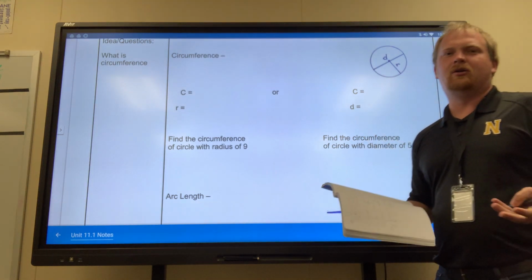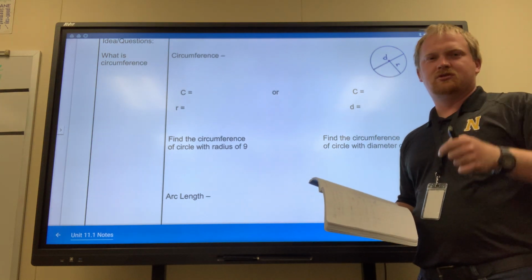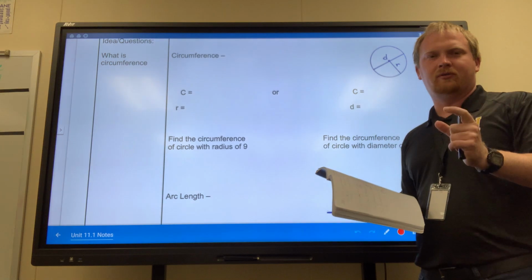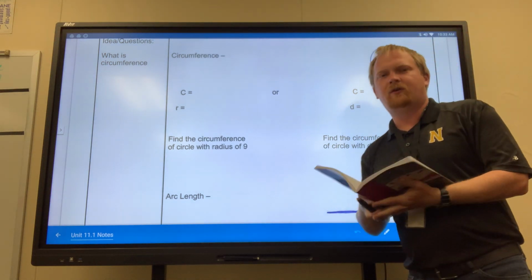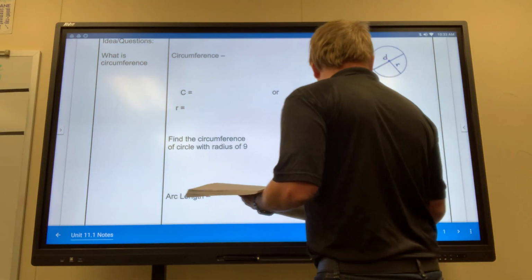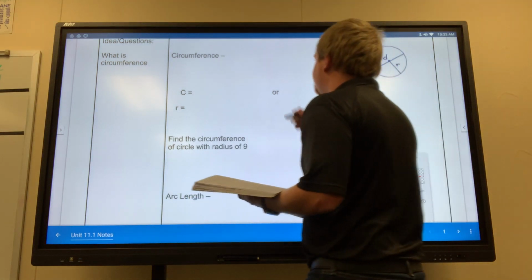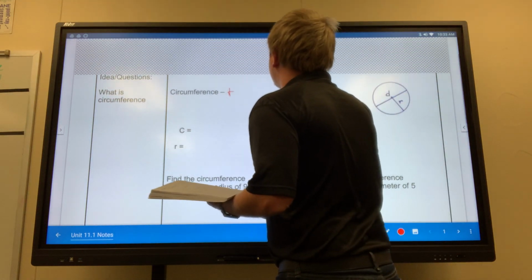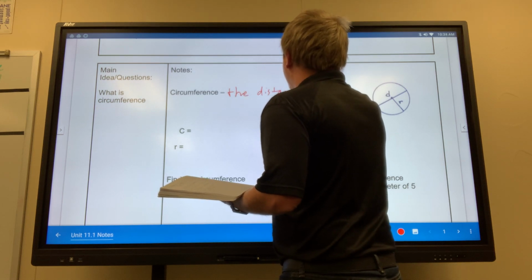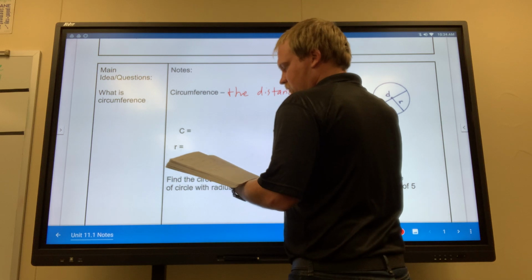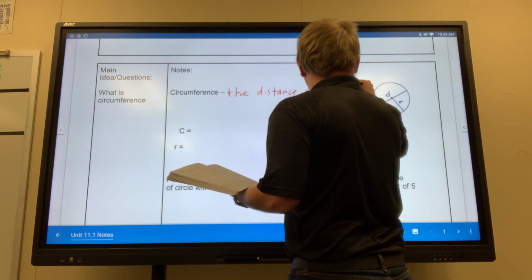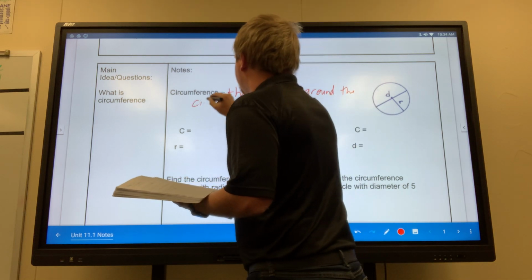Now, we already talked about arc length as far as the arc measurements, but this time we'll actually find the length of a particular part of a circle. First off, we have to understand what circumference is. Circumference is the distance around the circle.